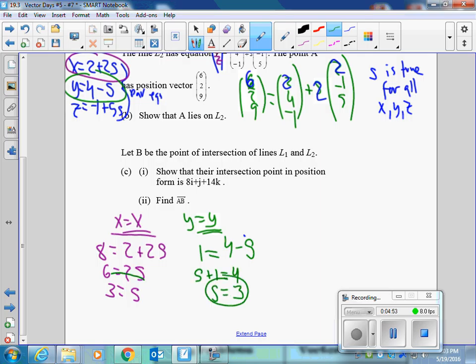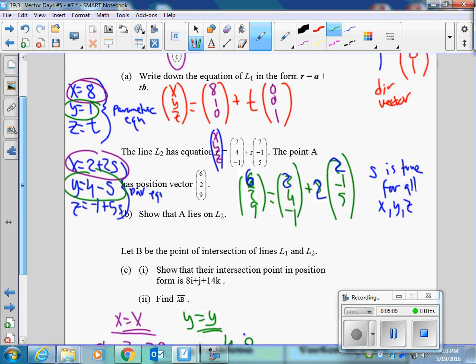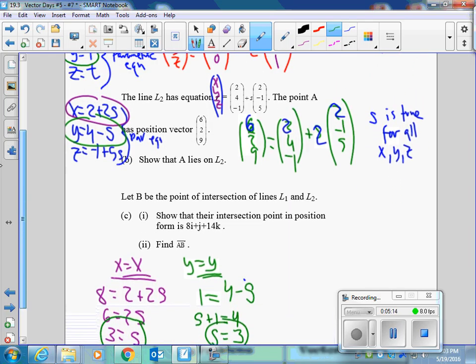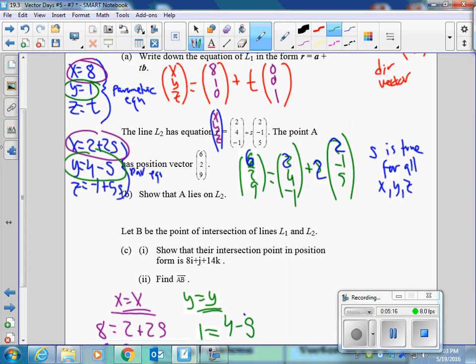So what does this tell me? That it's going to work. And you could check that. You could check it for Z, but you're going to be good for that. It should be the same S. Then, to find the intersection, all we should have to do is, if S is equal to 3, just put a 3 in for this.